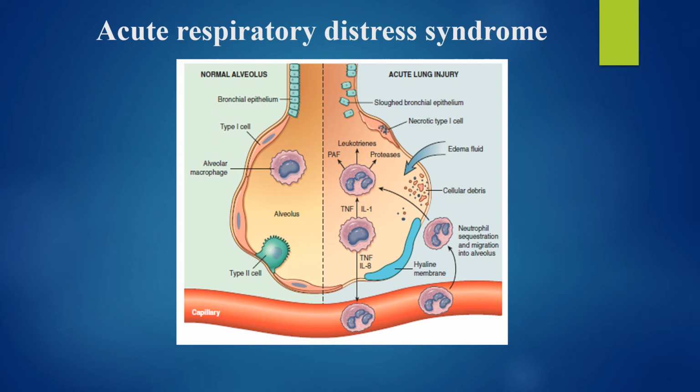Two forms of the distress syndrome are distinguished: acute respiratory distress syndrome of adults, and of newborns, mainly premature newborns. Acute respiratory distress syndrome in adults is diffuse damage to the lung parenchyma.